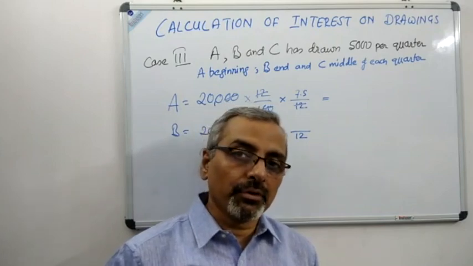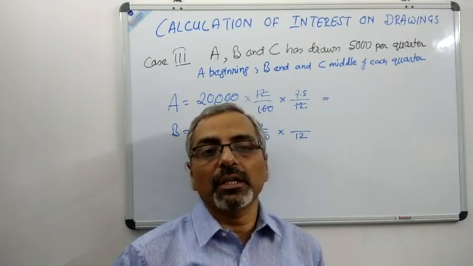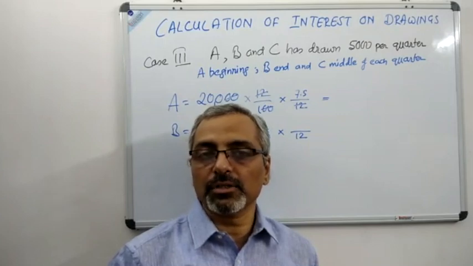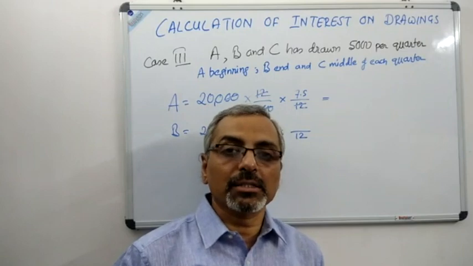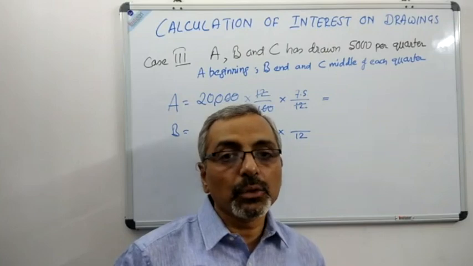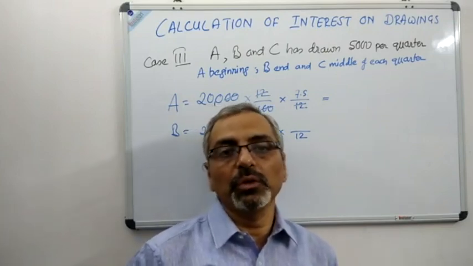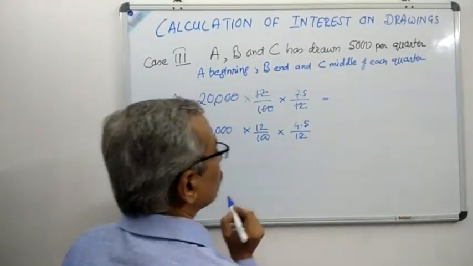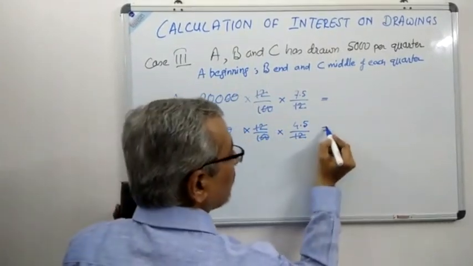So the time left after the first drawing has been made is 9 months, and the time left after the last drawing has been made is 0 months, because from 1st of March to 31st of March, the next date is 1st of April, so 0 months. And from the last date of June, if you calculate from 1st of July to 31st of March, it will be 9 months. So 9 divided by 2 will give you 4.5 months, and therefore we'll calculate it on the basis of 4.5. Let us cancel the 12, let us cancel the zeros, and we'll get the amount later.